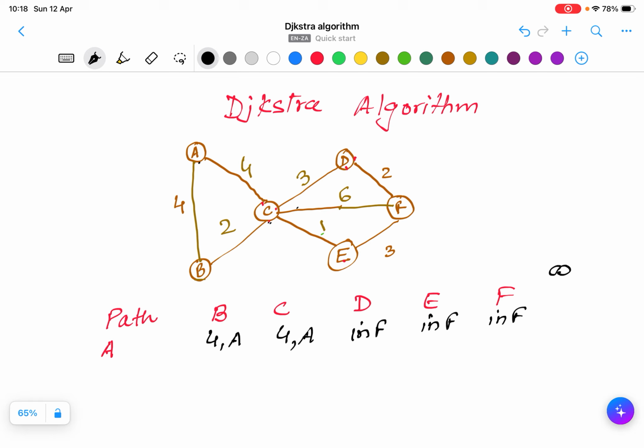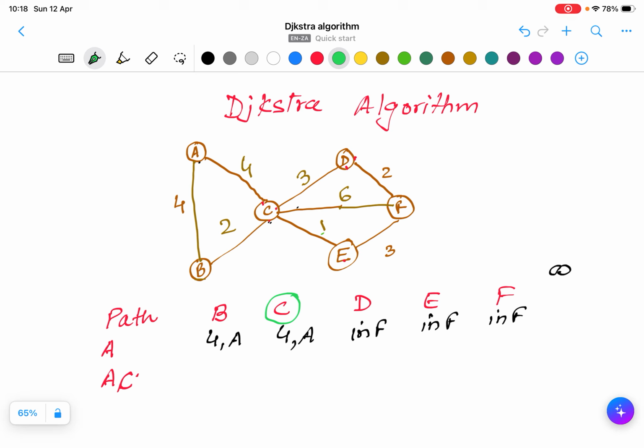Now out of these two, B and C, we have to see which one has minimum cost. We can see clearly here that both of them have the same cost, so we can use any one of them. So let's say we use C. So A comma, the next node will be C, and we will circle around C, denoting that we have already used it.